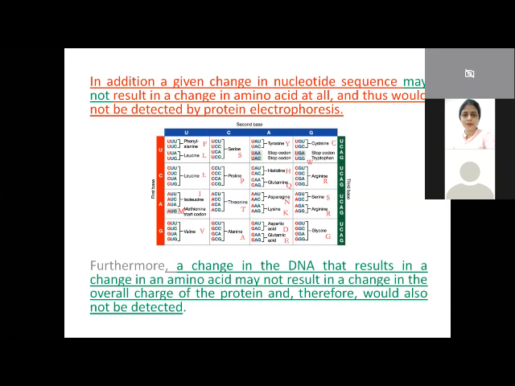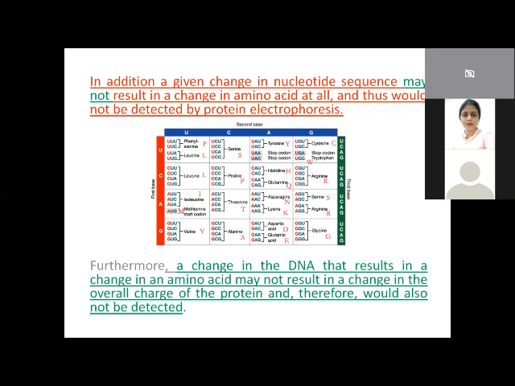So what will happen? Both amino acids are negatively charged amino acids. So the overall net charge of these two isoforms is no different. If there is no difference in the overall charge of the two isoforms, then you won't get any difference in the protein electrophoresis.